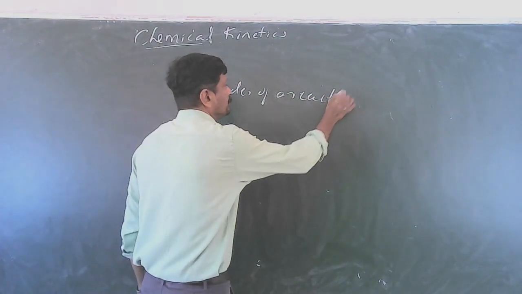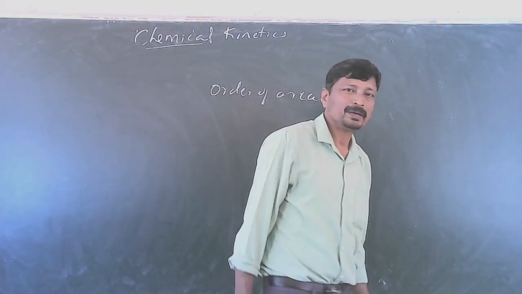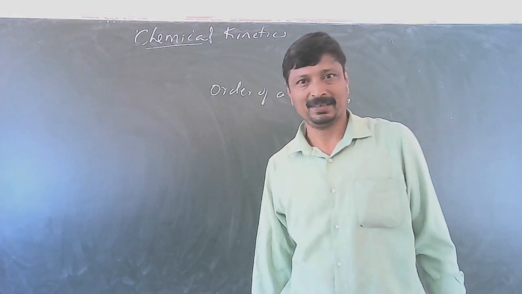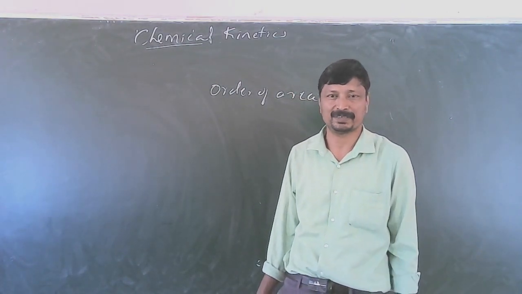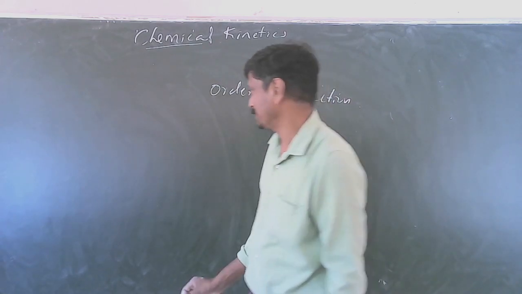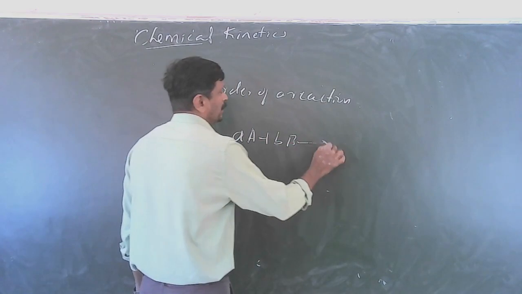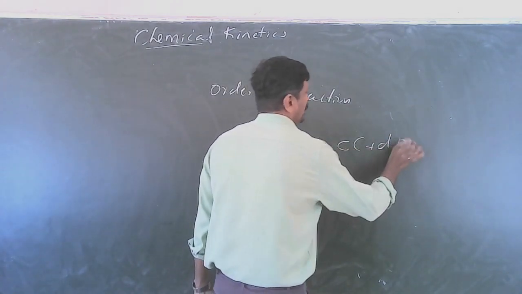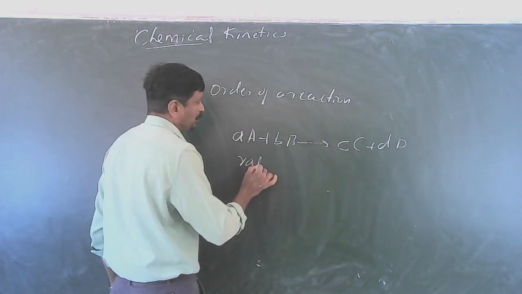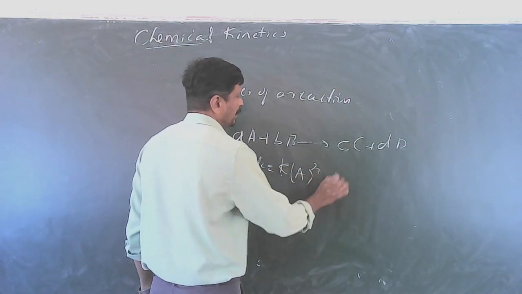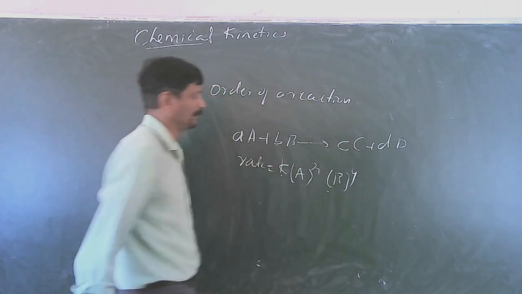Order of reaction. See, order is what? Sum of the powers of concentration terms in the rate law expression. For example, suppose you write A plus B giving rise to C plus D. The rate is equal to k into A to the power of x and B to the power of y.